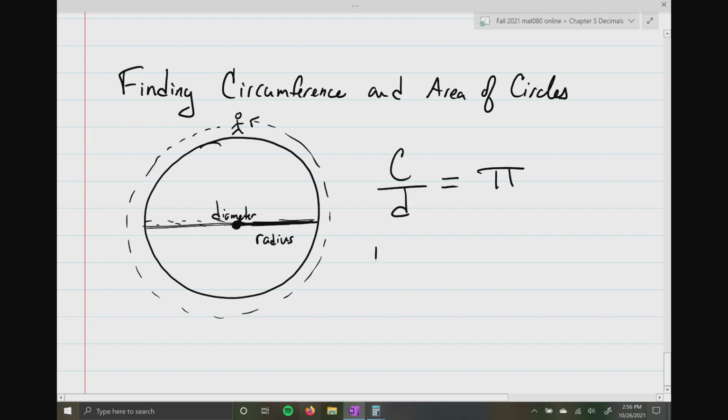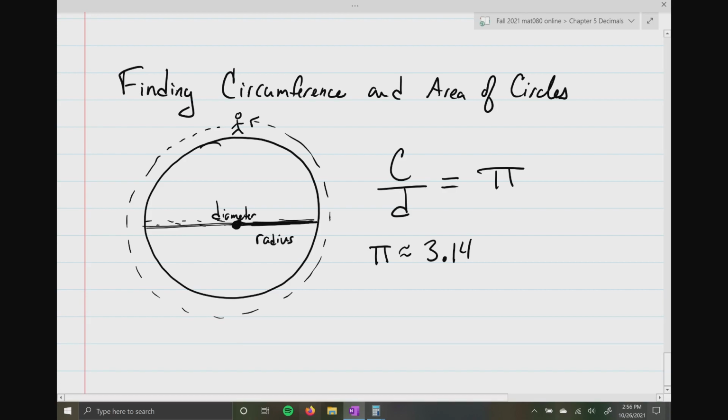Now, pi is approximately 3.14. Okay? So I'm going to repeat what I just said, all right? Because I really want this to sink in.